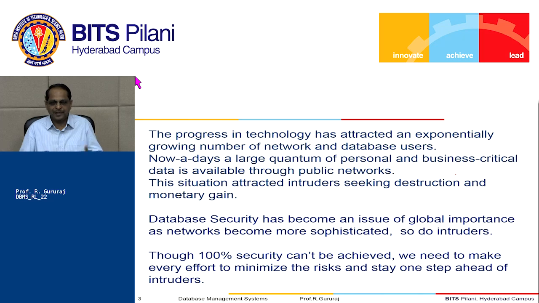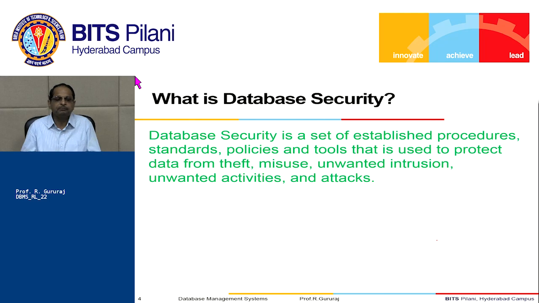It is a race between the network or database security team and the intruders who try to gain access with malicious intentions. Though 100% security cannot be achieved, we need to make every effort to minimize the risk and stay one step ahead of the intruders. That is the major objective.